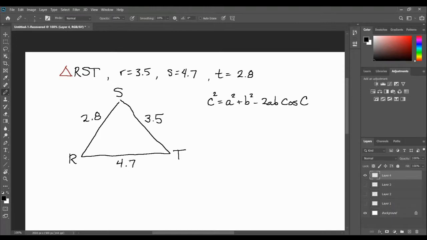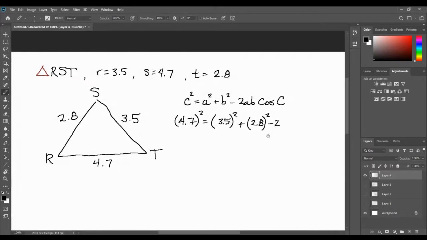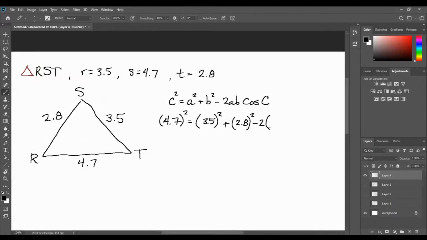So let's go with the 4.7 over here. That'll be squared. 3.5 squared plus 2.8 squared minus 2 times 3.5 times 2.8 cosine.